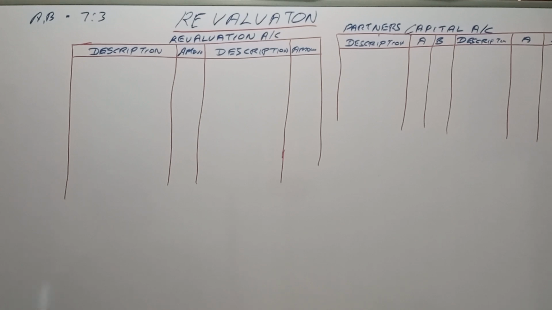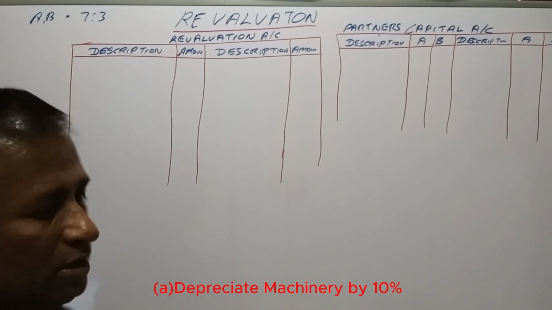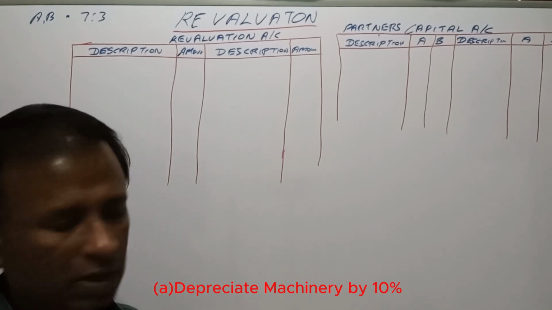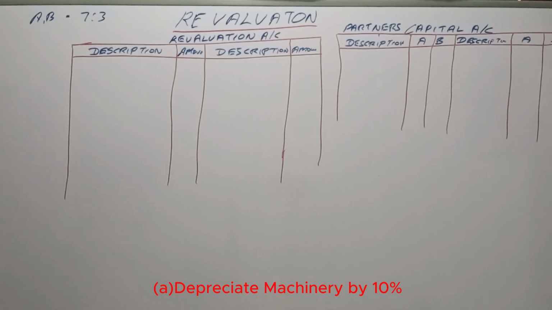One, depreciate machinery at 5%. What is the value of depreciation? Machinery value is 30,000.